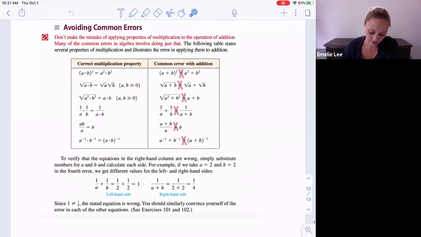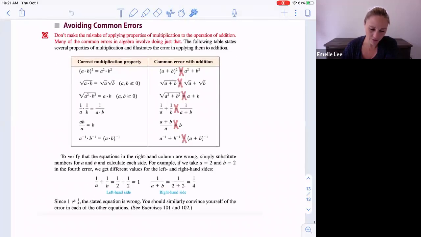So then the last little bit of the 1.4 notes are just highlighting some common errors, right? I'll leave those for you guys to read through and see why (a plus b) squared is not equal to a squared plus b squared.